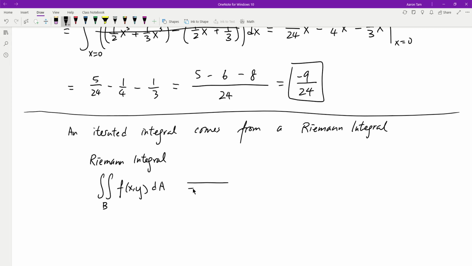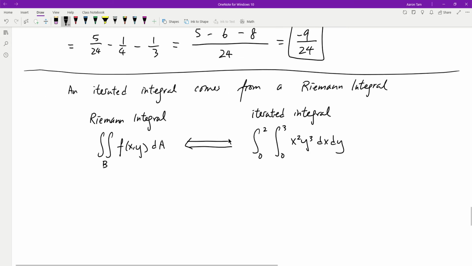And that, we know, corresponds to an iterated integral that looks something like this. So there's a connection between them. Right now what we're trying to explore is how an iterated integral, the one on the right, corresponds to a Riemann integral on the left.